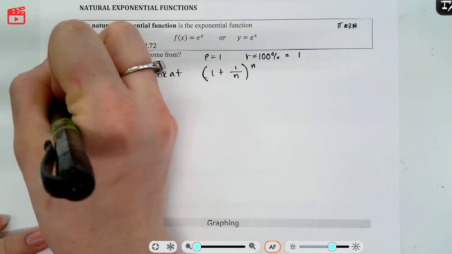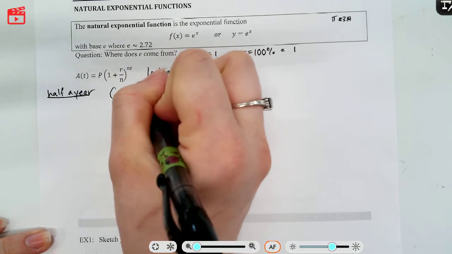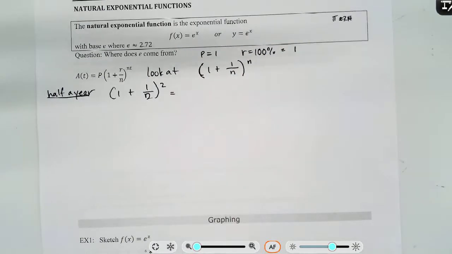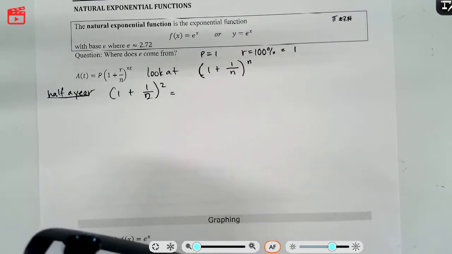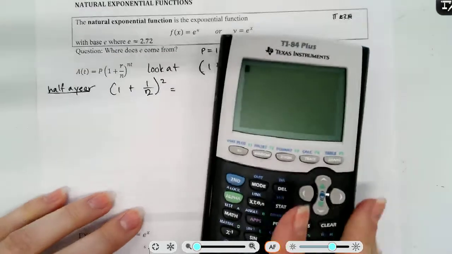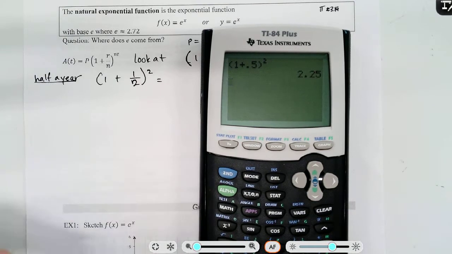So n would be 2. Looking at that, we get 1 plus 1 over 2, to the power of 2. Plugging that into your calculator, what do you get? That's 1 plus 0.5 to the second power, which is 2.25.